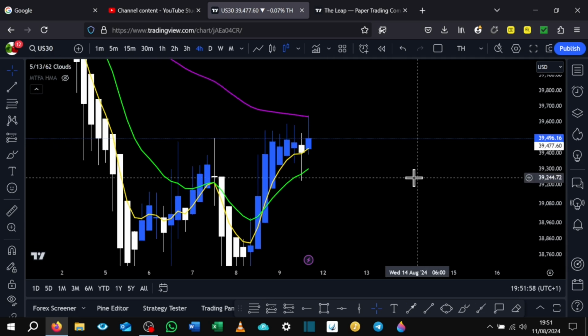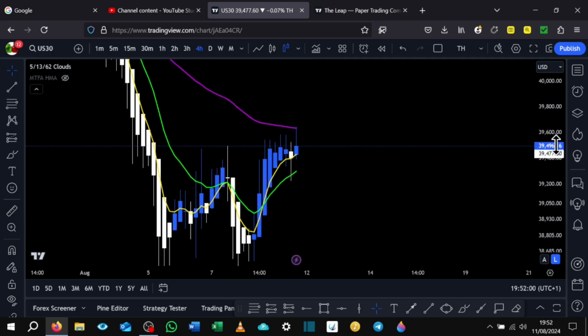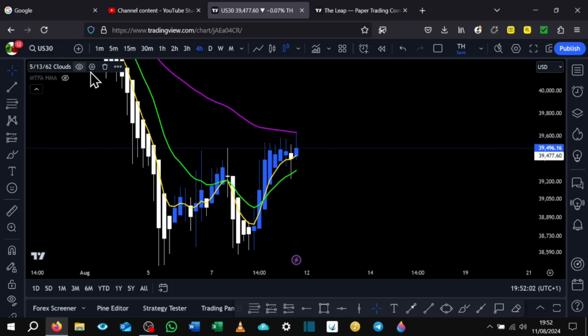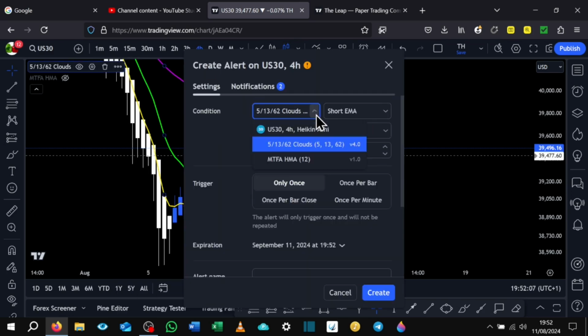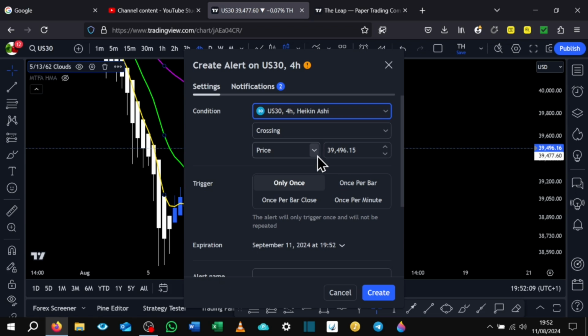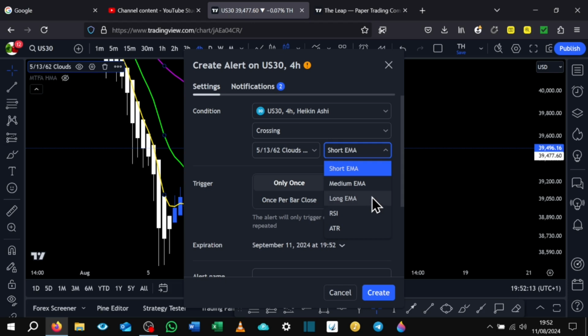Then the next alert is, I would say, price to cross the 62 EMA, which is the long EMA, once per bar.